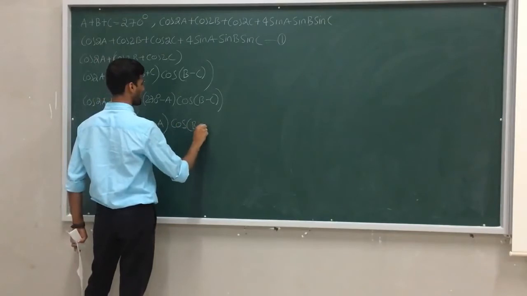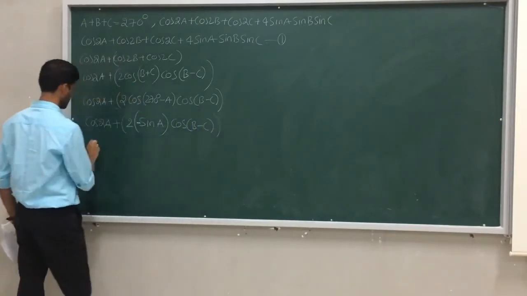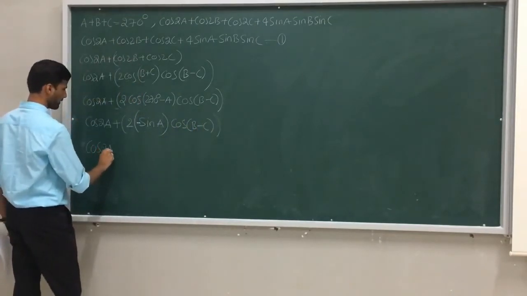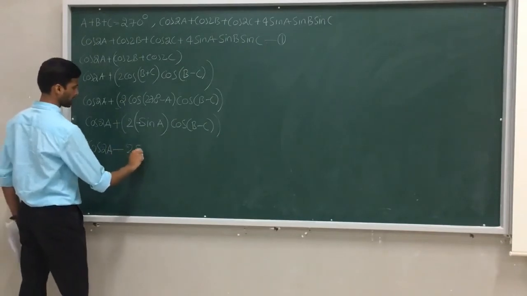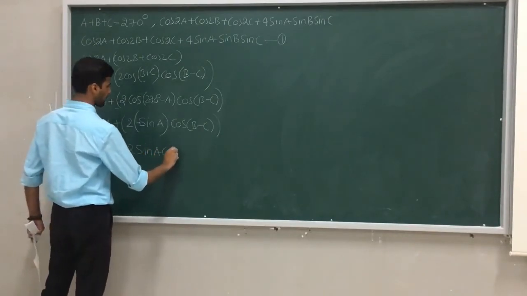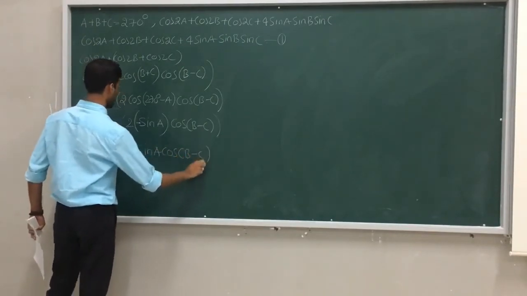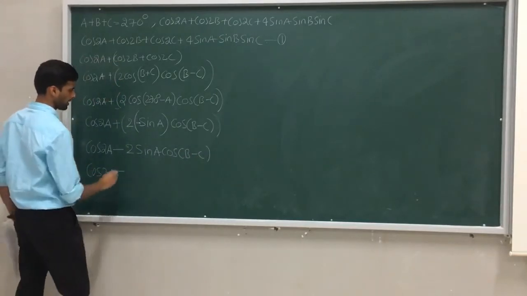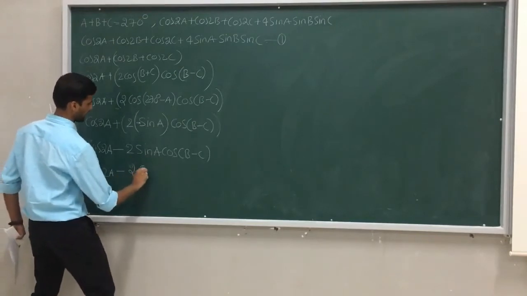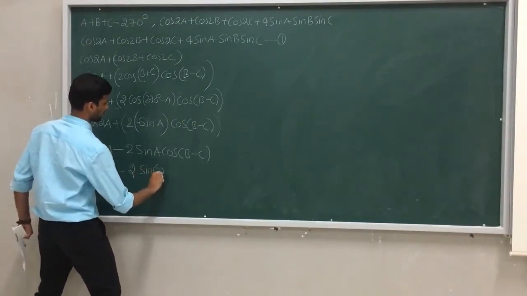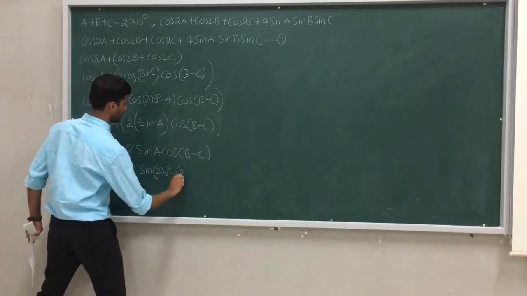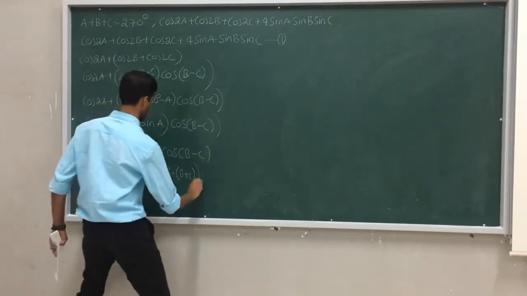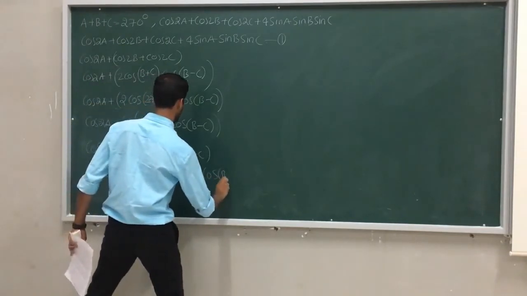B minus C remains. So it is cos 2A minus 2 sin A into cos of B minus C.